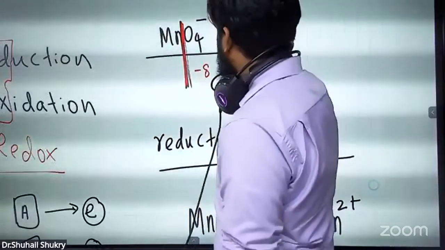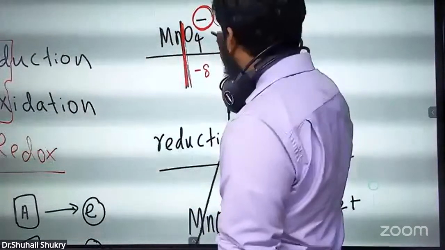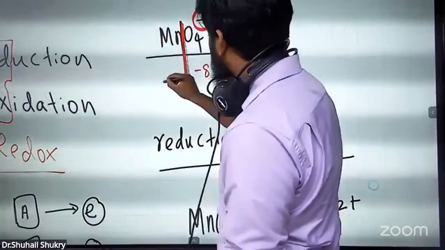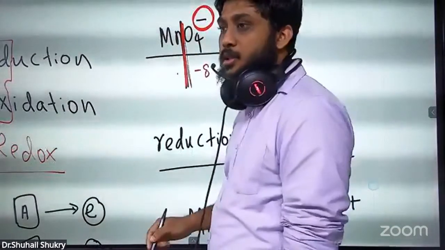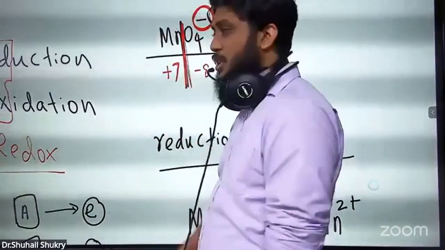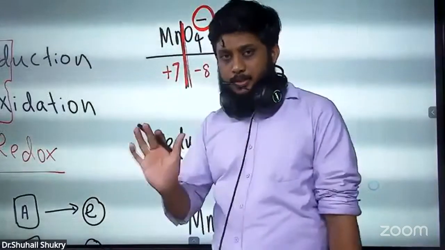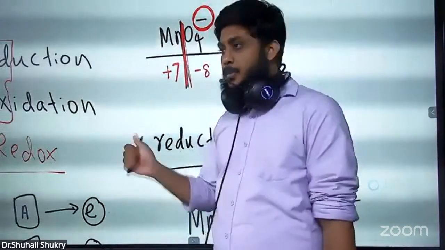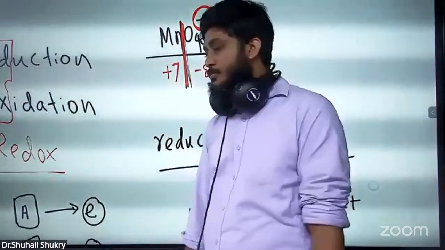The final charge of the ion is minus 1. If I want minus 1 here, how much should manganese be? These both additions should give only this charge. Then the manganese oxidation number should be plus 7. At the moment, just know this. Did you understand how to find the manganese oxidation number in MnO4 minus? Because if you add these two, you should get the minus charge. That part is clear? Good.